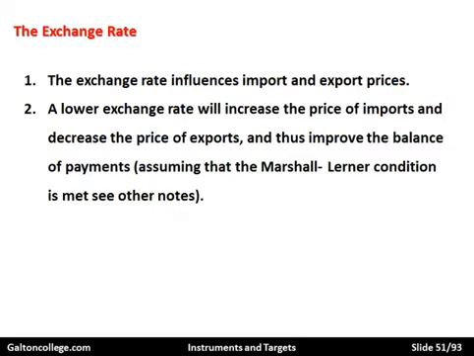A lower exchange rate will increase the price of imports and decrease the price of exports, and thus improve the balance of payments. Now, this is assuming that something called the Marshall-Lerner condition is met. The Marshall-Lerner condition simply states that if import prices increase, then there will be fewer imports.